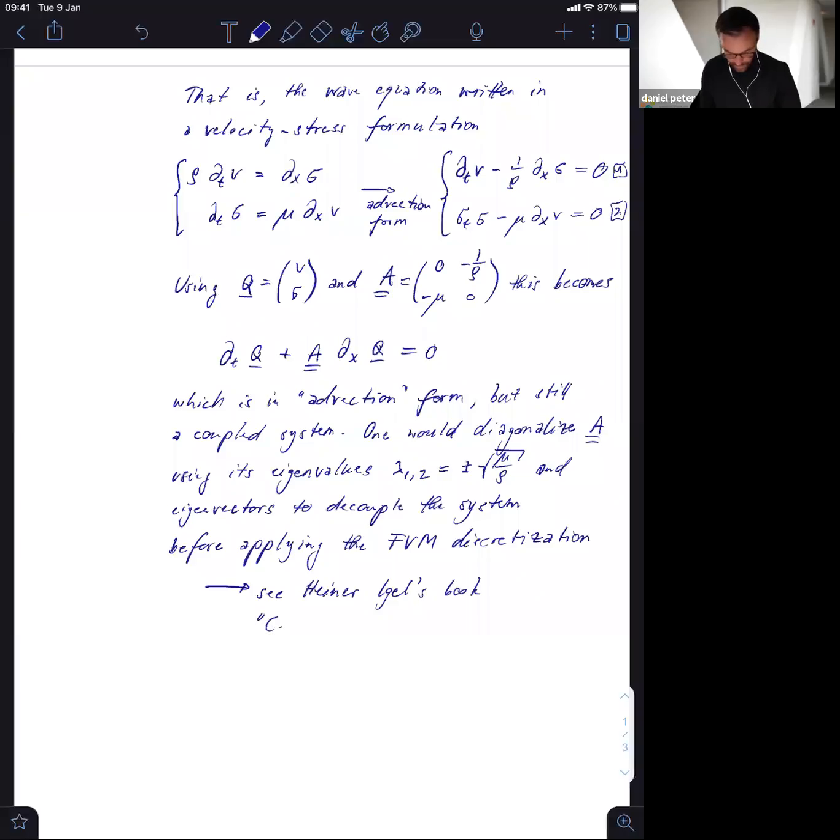That's Computational Seismology. You have that as well for this class. And then you would look at chapter 8, which describes the finite volume approach.